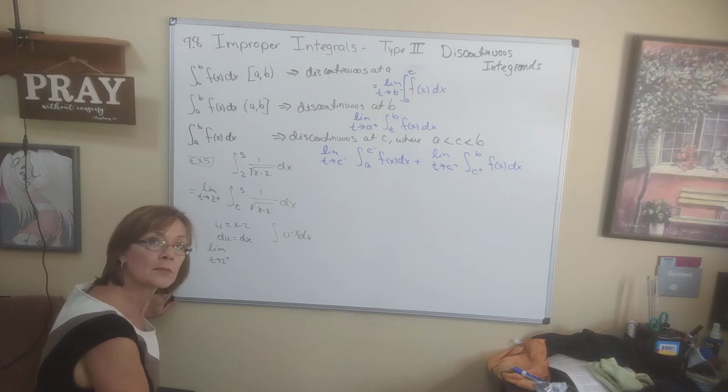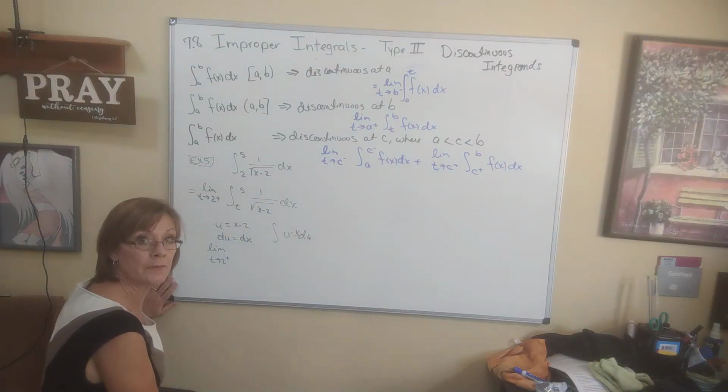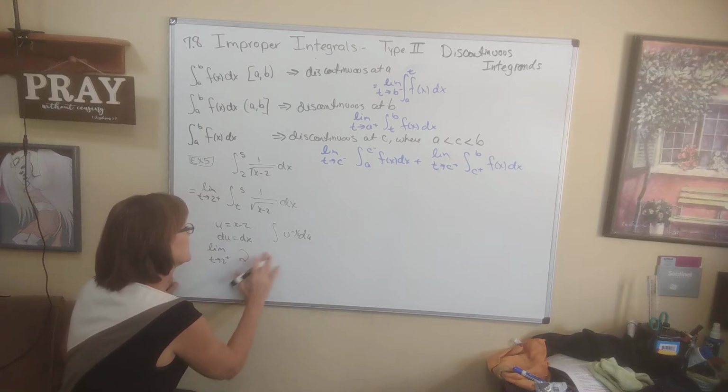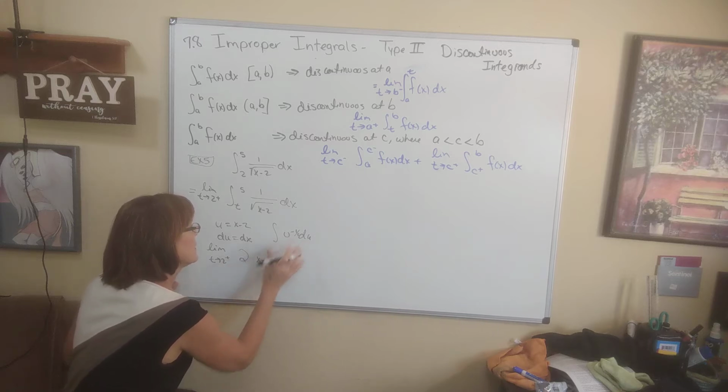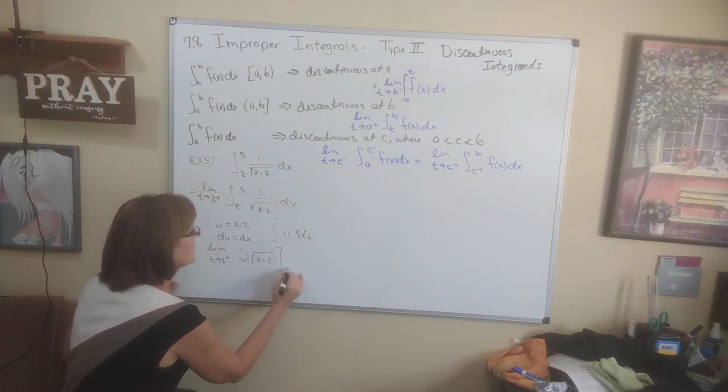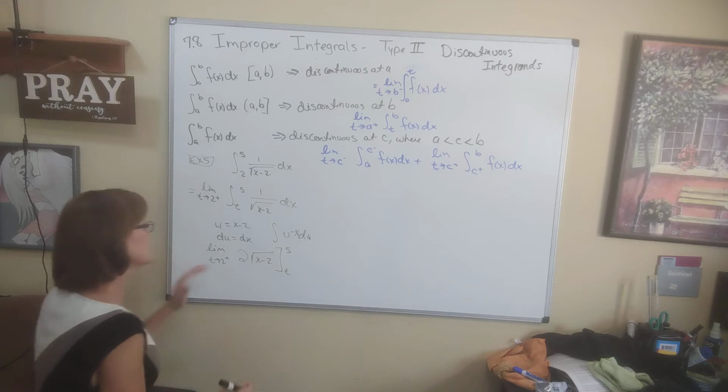When you divide something by 1/2, it's like multiplying by 2. So this is going to be 2 u to the 1/2, but really it's not u, it's x minus 2 to the 1/2, or the square root, and I'm going to evaluate this from t to 5. Okay, now let's put in our limit.